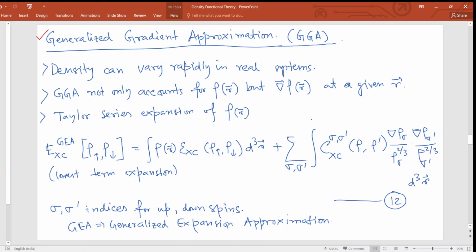But here the variation of the electron density is considered, and it is assumed that density can vary rapidly in real systems. So it means that GGA does not only take into account rho(r), but also the variation of rho in real space, that is del rho(r).